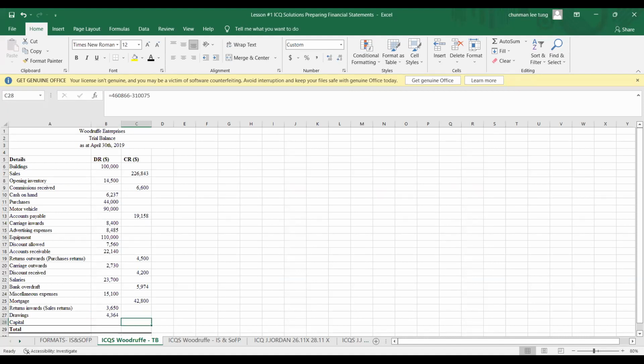So let me just drag this down. If you could see where my cursor is, I'm getting 460,866 as the total debits, right? And my total credits, 310,075.